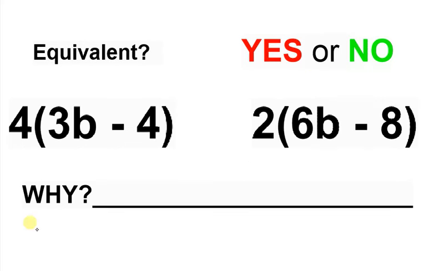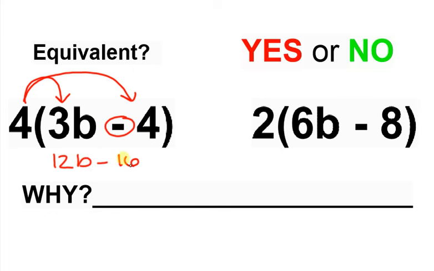All right, let's try another one. So it looks here like we have two distributive property problems. Let's see if they are equivalent. What is 4 times 3b? 12b. We have a minus, bring it down. What is 4 times 4? 16. I can't go any further because one has a b and one is a whole number.